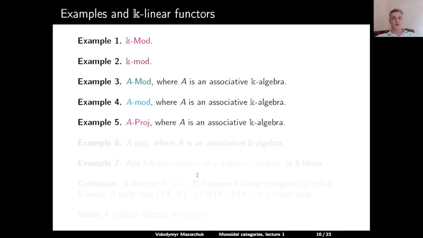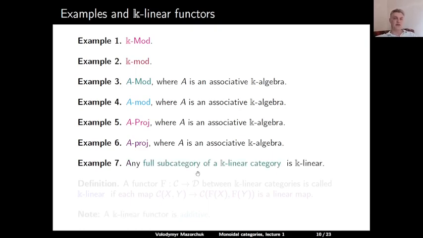The category of all projective A modules over an associative algebra is K-linear, and the category of all finitely generated projective A modules for an associative K algebra A is K-linear.